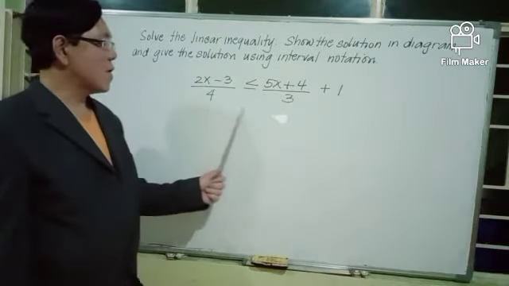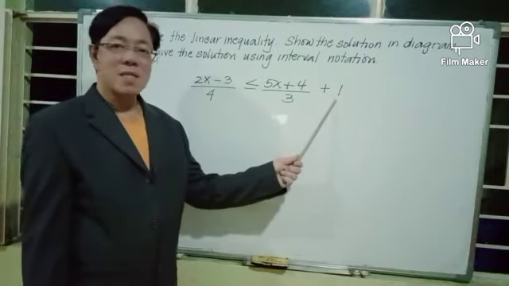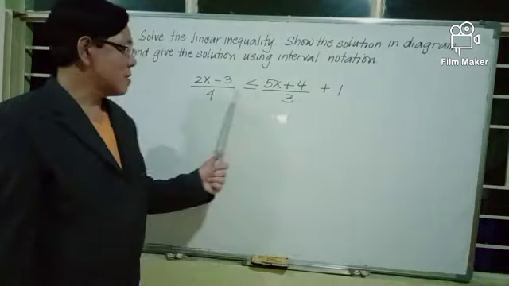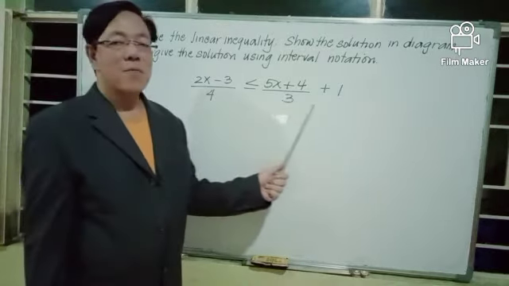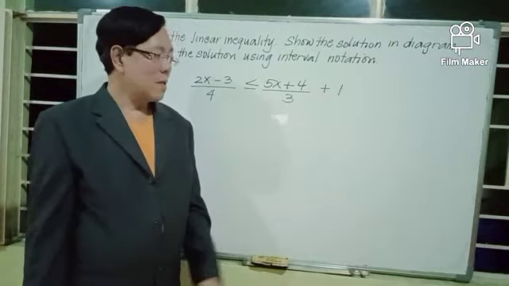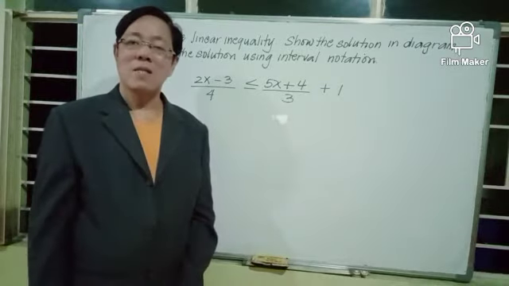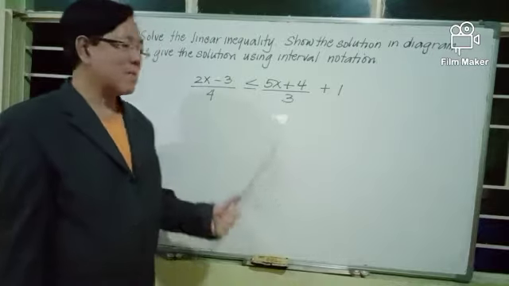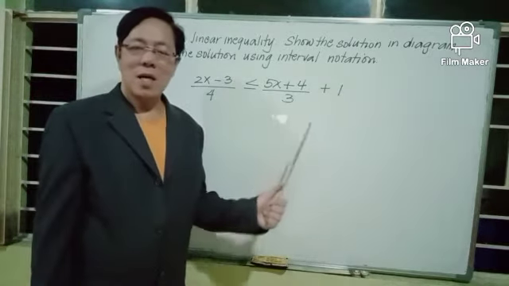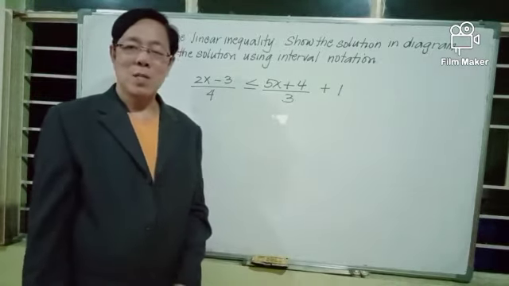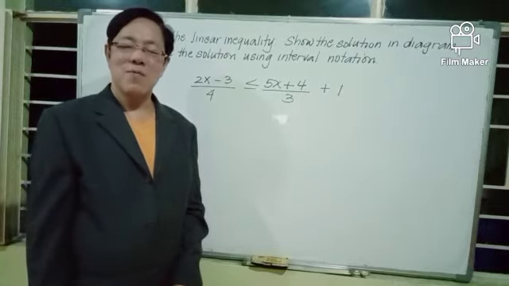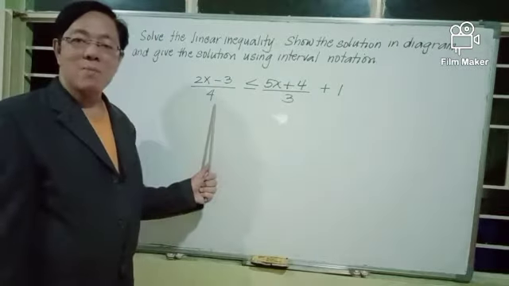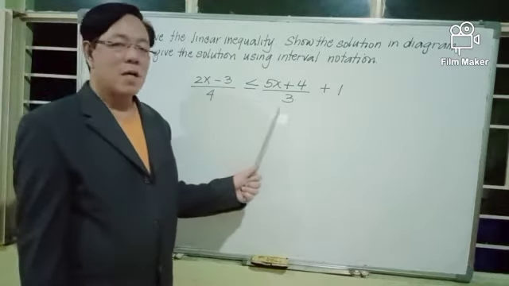Since you only have 4 and 3 in the denominators, and if you write the denominator of 1, the denominator of 1 is 1. The LCD of 4 and 3, even if you include 1, is the smallest number that can be divided by 4 and 3. If you know well your multiplication table, it would be easy for you to think of the smallest number that can be divided exactly by 4 and 3.